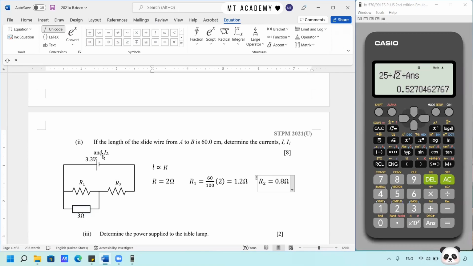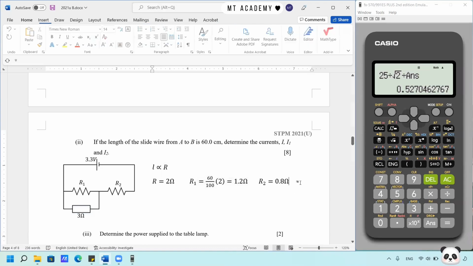Some people might suggest using Kirchhoff's law, but in my opinion, it is too advanced for this simple circuit. You still can proceed with Kirchhoff's law, but let me show you a simple way to do this question. To obtain the current, maybe we need to obtain the voltage first. Before we obtain the voltage, we need to obtain the equivalent resistance.